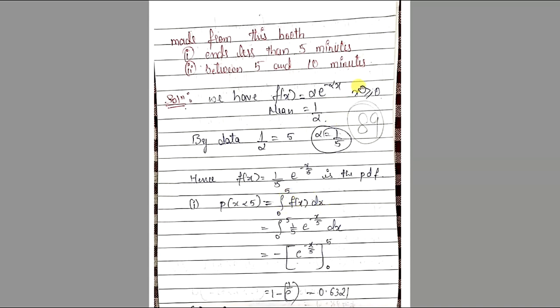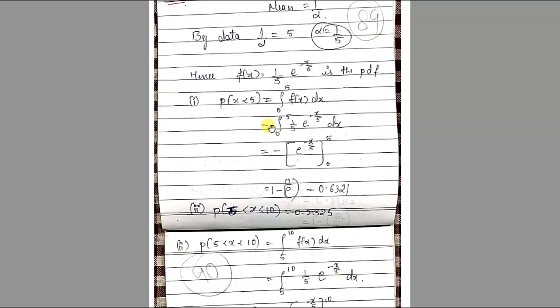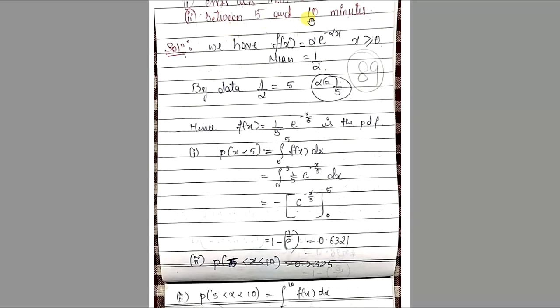For all the positive values, the function is constructed as 1 by 5 e to the power of minus x by 5. We substitute that, take 1 by 5 outside, and integrate e power minus x by 5. When you simplify this, you will get 0.6321.